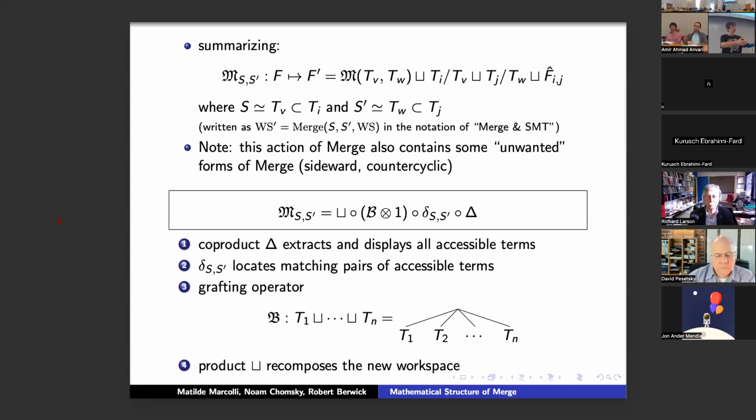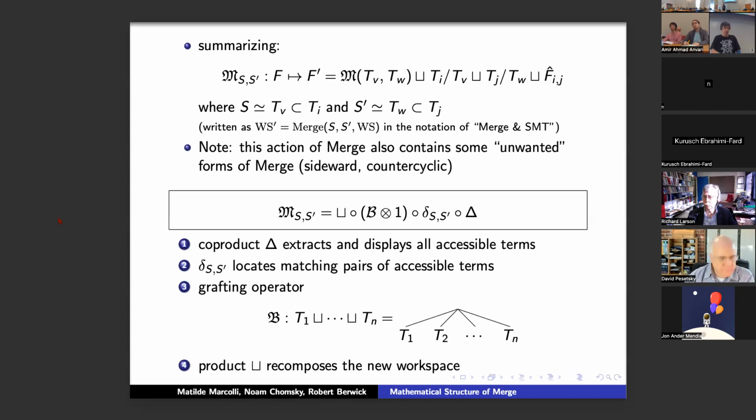The merge I do on the side where I've extracted the accessible terms that I can use to do the merge. And so what I have is an operation which, a priori, is not necessarily binary. It's some operation which is just called the grafting operator, that takes a forest and hangs everything together from one point. Okay.